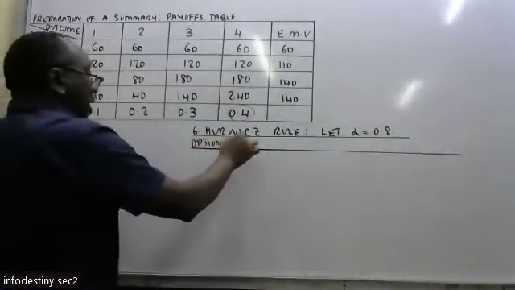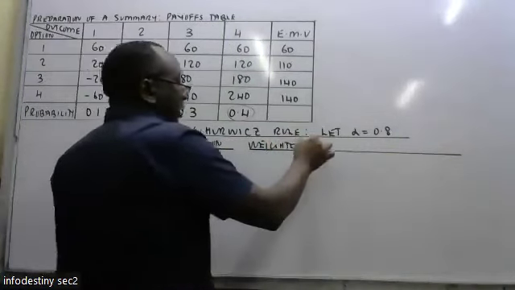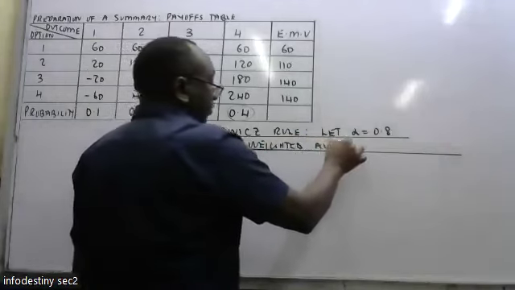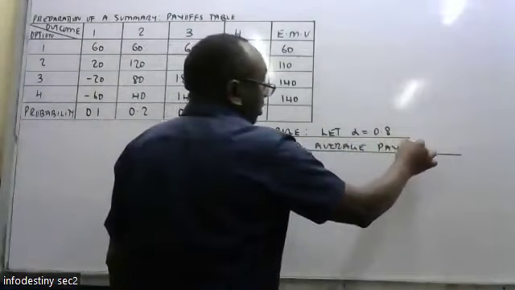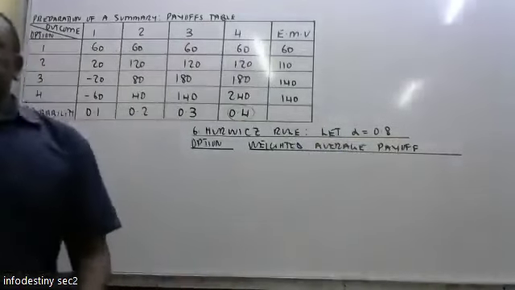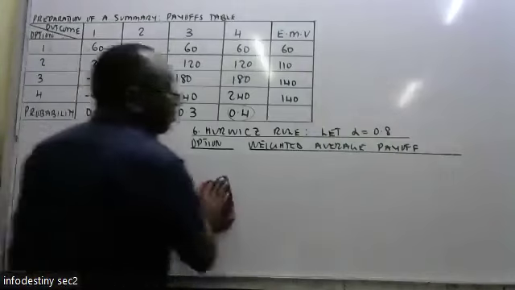So we have the options, and then we compute what is known as the weighted average payoff.